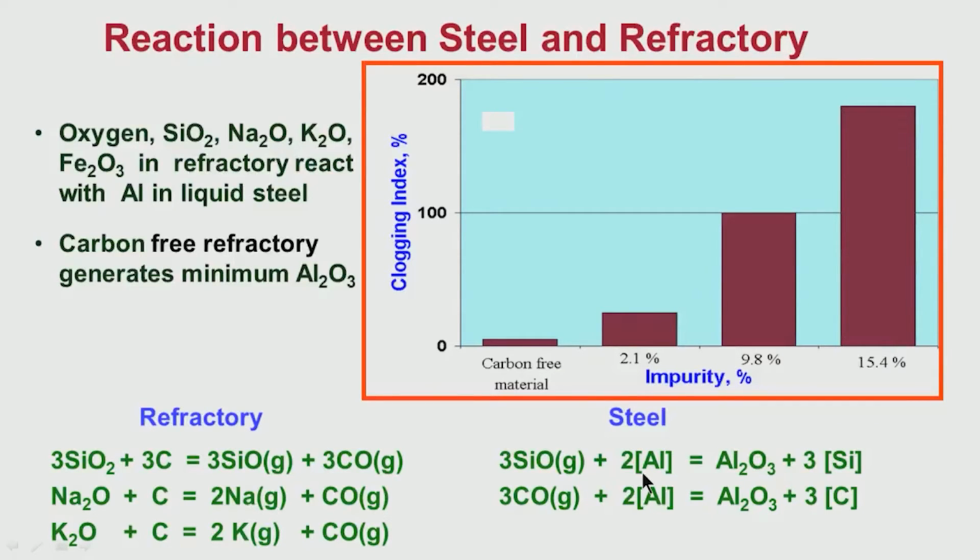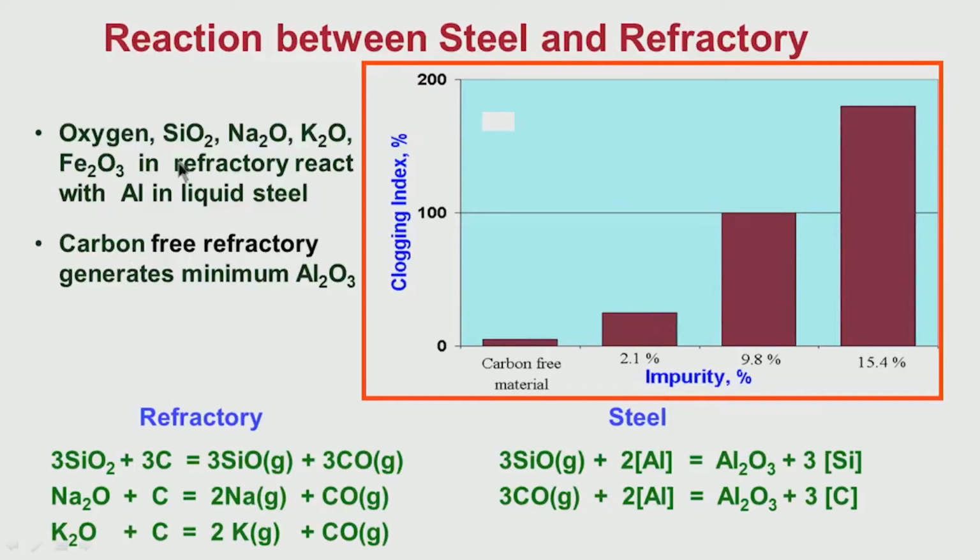So, this aluminum in liquid steel will react with SiO, will react with carbon monoxide and will generate alumina. So, again we have to remove this alumina, which is not desirable. Too much alumina should not get generated in liquid steel, because then this alumina again has to be removed from liquid steel, as I had told you earlier.